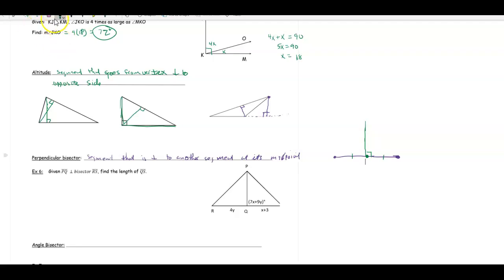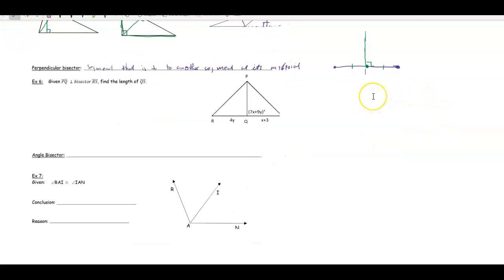So that basically gives us 2 different pieces of information. So looking at example 6, given PQ is a perpendicular bisector of RS, find the length of QS. Well, right away, we know if PQ is a perpendicular bisector, this is a 90-degree angle, so we can say 7x plus 9y is equal to 90 degrees.